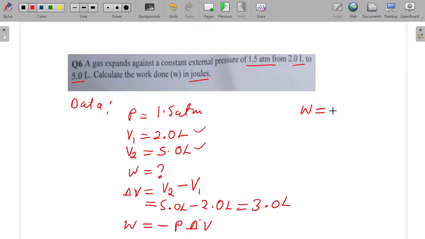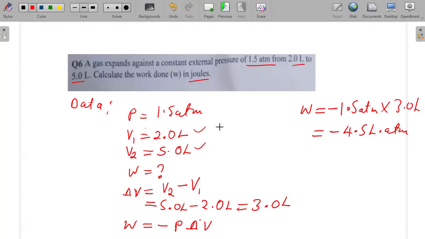So work will be equal to negative of the P, which is 1.5 atmospheres, multiplied by the change in volume, which is 3.0 liters. When we multiply 1.5 times 3, we're going to get our answer to be negative 4.5 liter atmospheres.